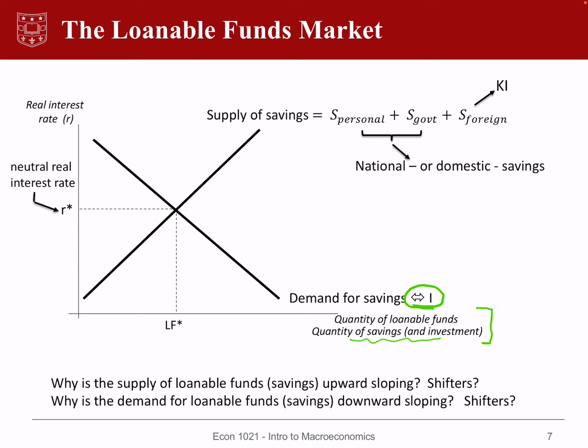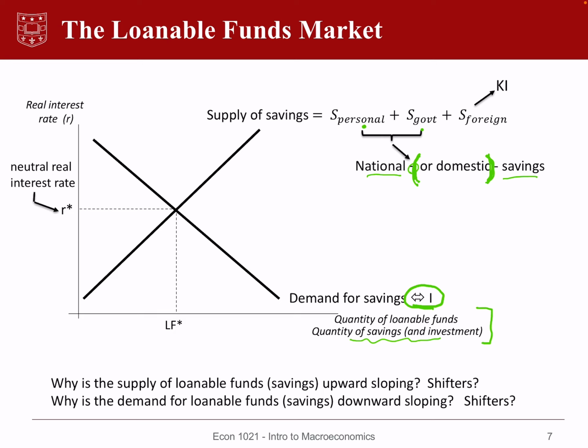So we can think about the sum of personal and government savings as national or domestic savings. This is a little bit confusing because it looks like a minus sign. Maybe what I should have done is think about national savings as being synonymous with domestic savings.